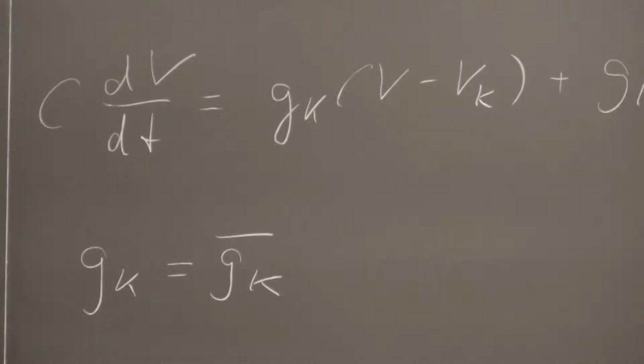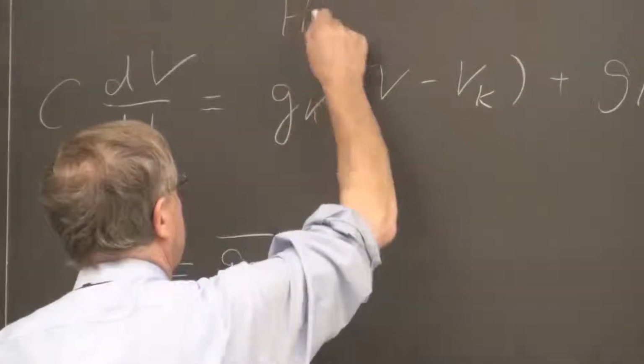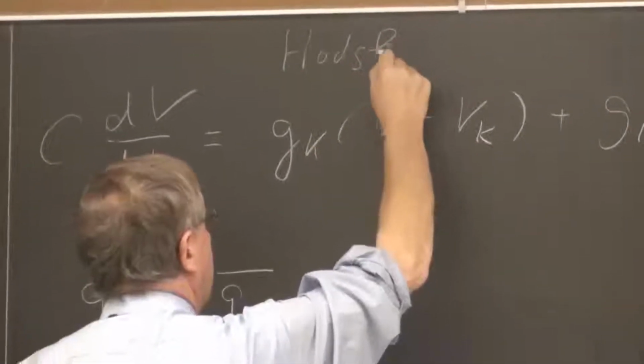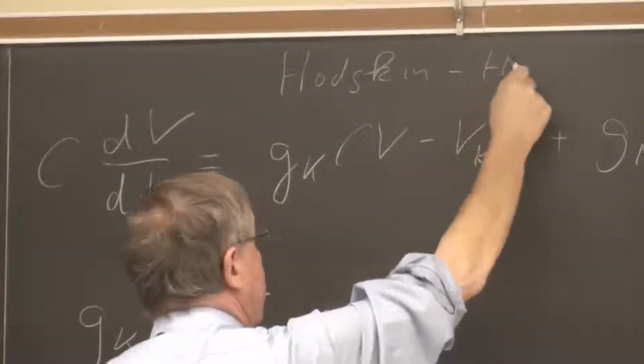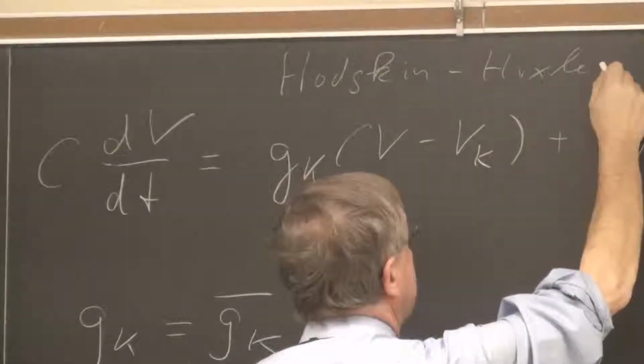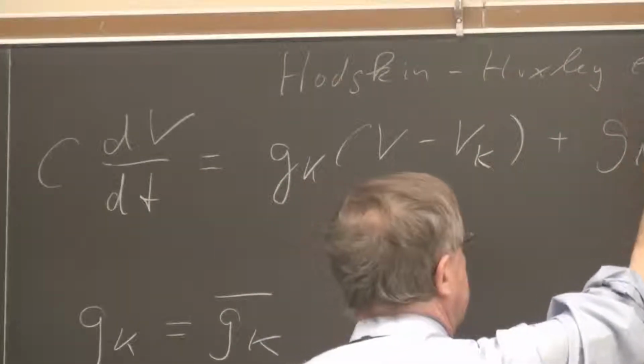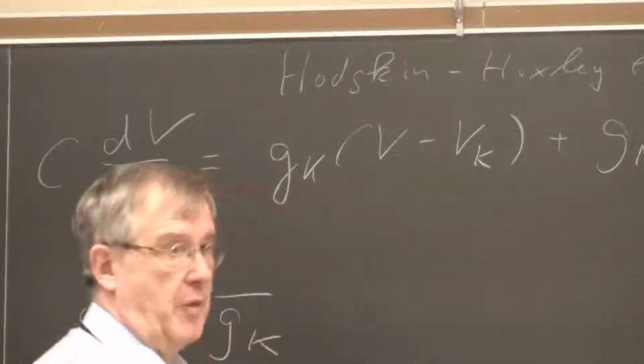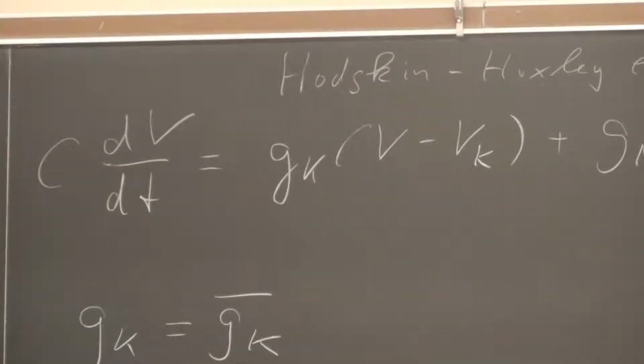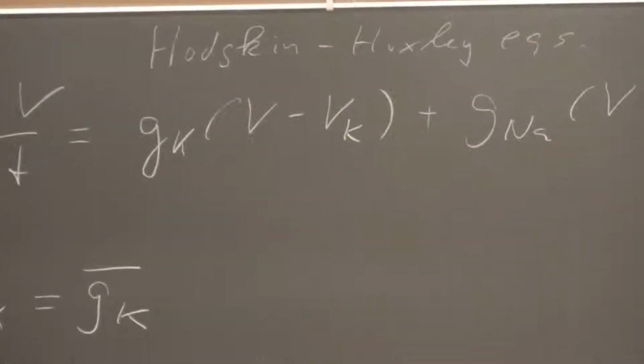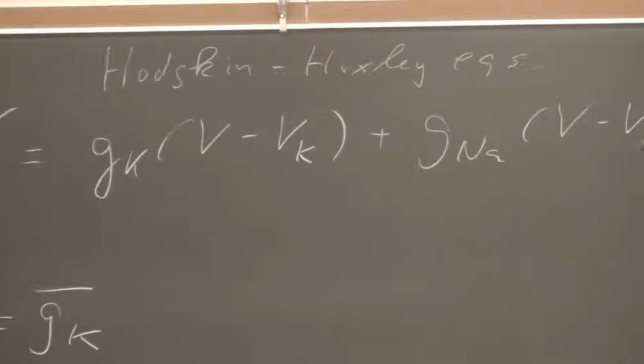And what I write to you now is the Hodgkin-Huxley equation that was formulated in the 50s and 60s, way before there was anything known about the ion channels. So now you saw the ion channels, and we sort of cheated relative to Hodgkin-Huxley, who only knew the electrophysiology of the neuron, but they didn't know how things came about.